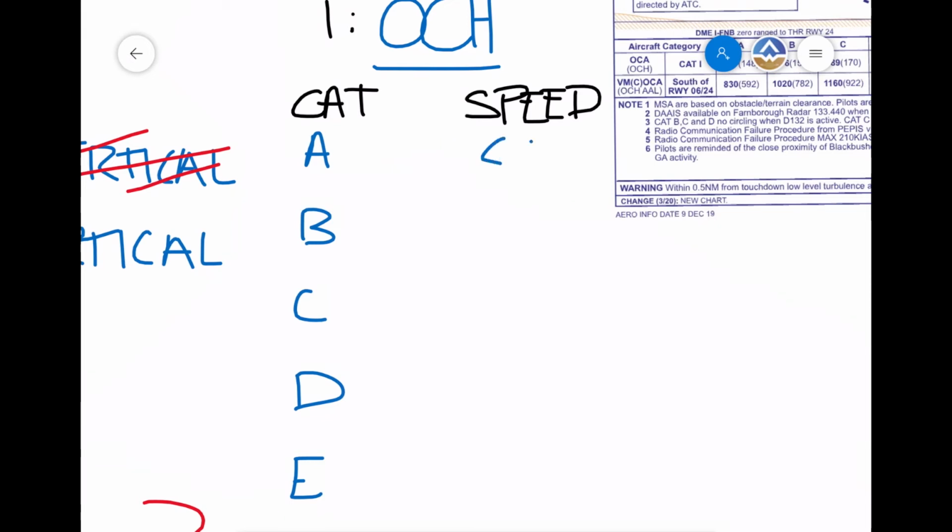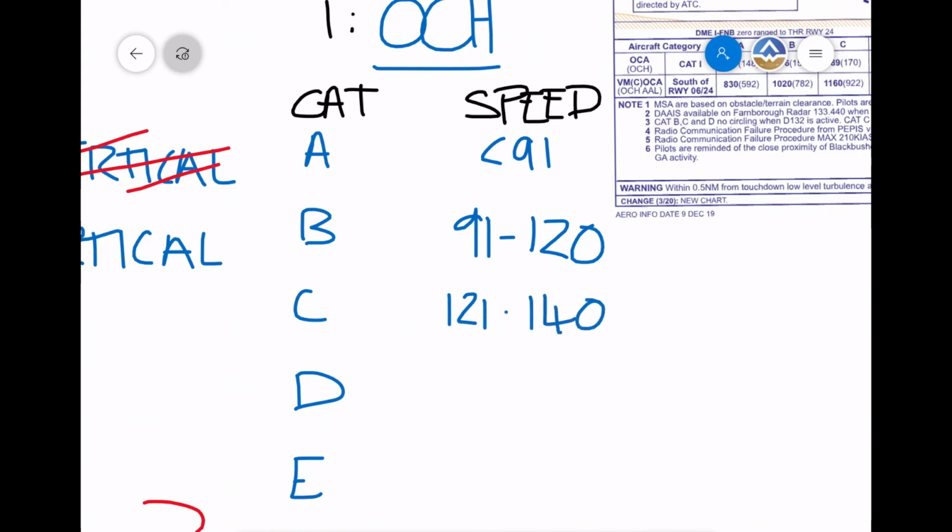Category A, the speed is anything less than 91 knots. So if you cross the threshold at the speed lower than 91 knots, you're a category A aircraft. Category B is 91 to 120 knots. So if you cross the threshold anywhere between those speeds, you're a category B aircraft. Now category C is 121 to 140 knots.